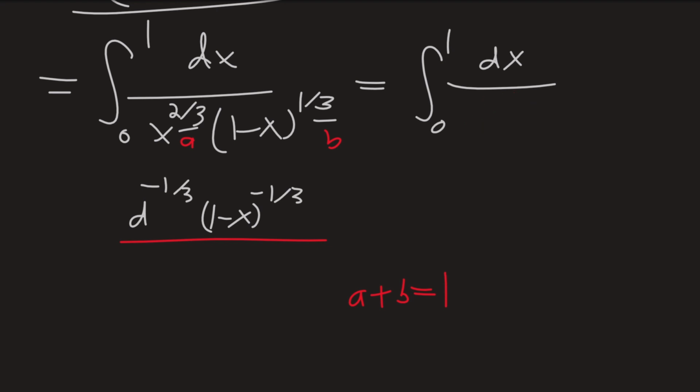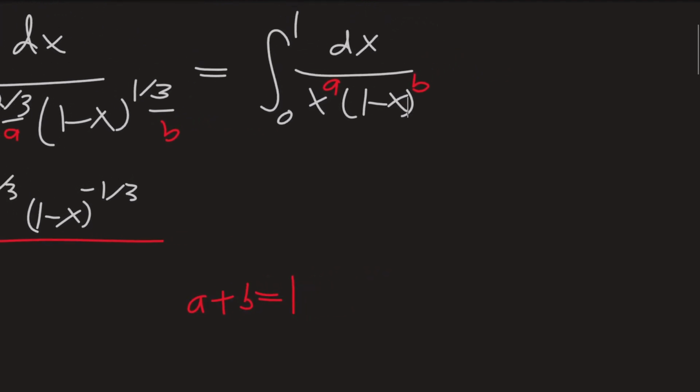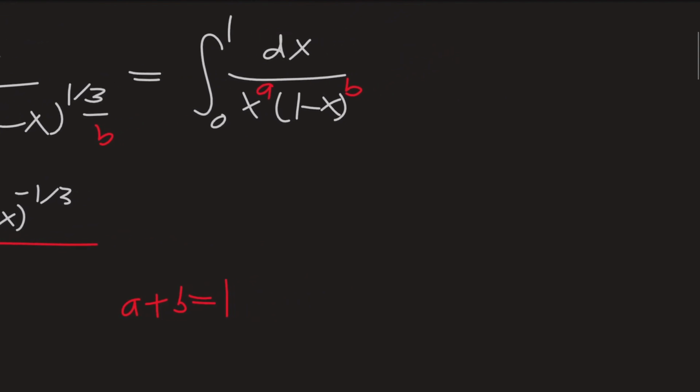But we can always put x and a back in terms of b, and we'll be doing that shortly. The main thing to note is that this is essentially another form of the beta function. You can look this up on the Wikipedia page.